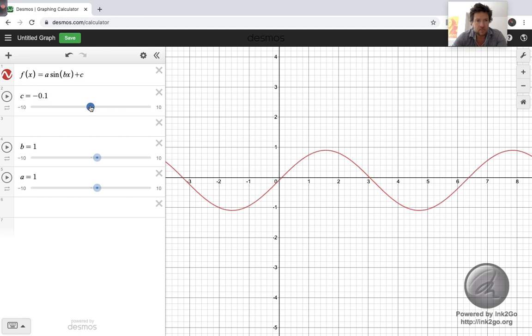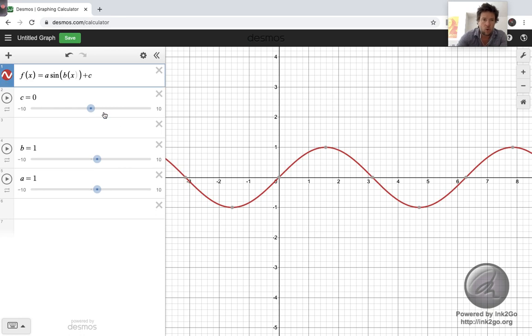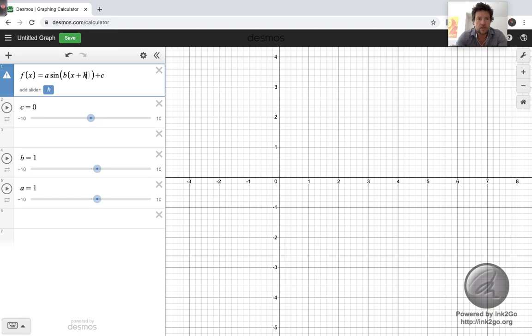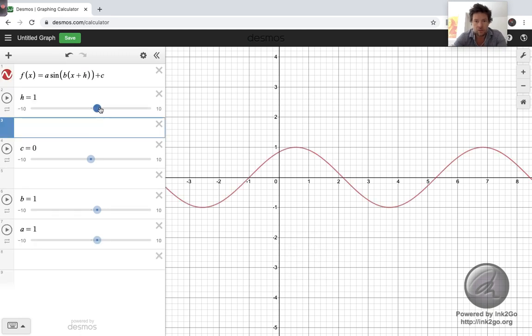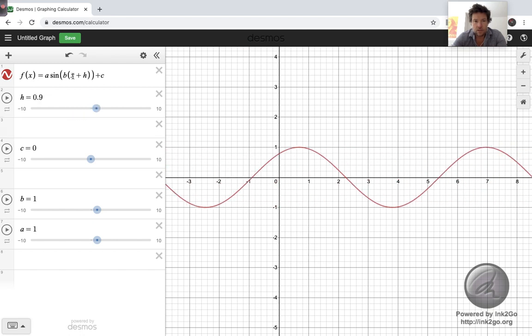And finally, the fourth thing we can do to our function is horizontal translation. Hopefully you recall some of the things we've done with quadratics and other functions, that changing the input to the function, adding or subtracting from the input, translates it left and right.